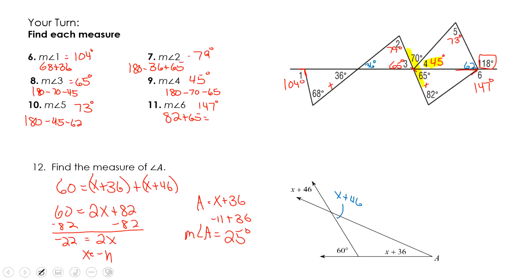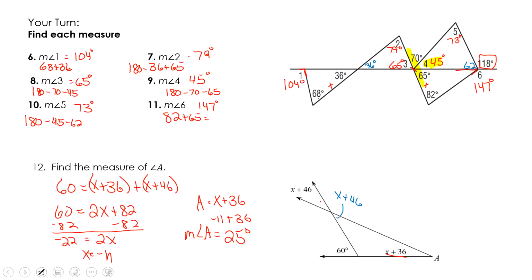Okay, next was finding the measurement of angle A. I see that I had a 60-degree exterior angle for that triangle, so I know that 60 degrees has to equal my other 2 angles. They told me angle A was x plus 36. These are vertical angles, so the other angle was x plus 46.